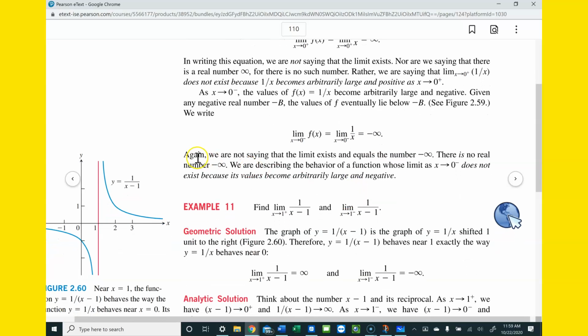We are not saying that the limit exists and equals the number negative infinity. There is no real number negative infinity. We are describing the behavior of a function whose limit as x approaches 0 from the left does not exist because its values become arbitrarily large and negative. In other words, whatever number you imagine, you can always imagine a bigger one.